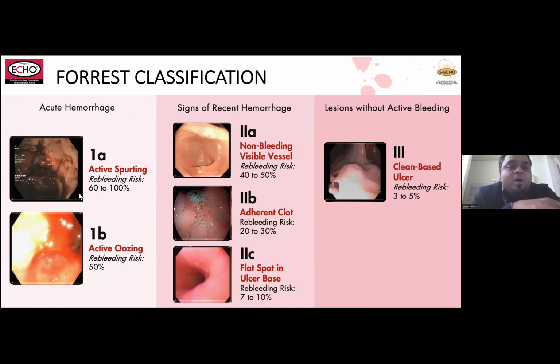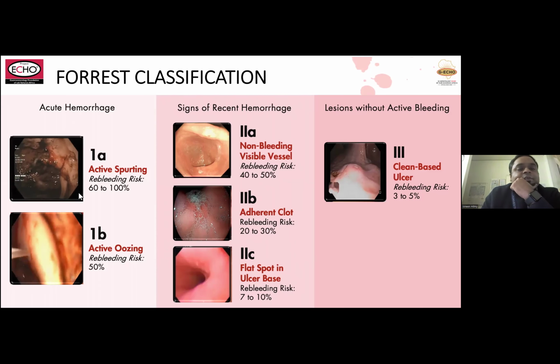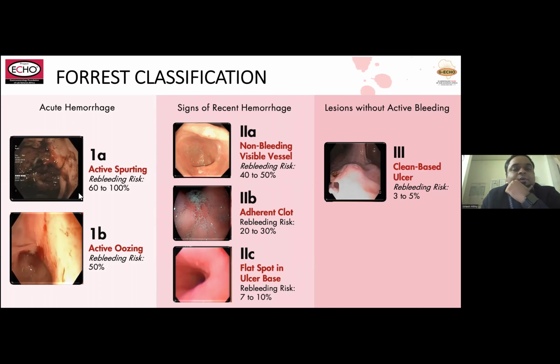It also gives us a nice rebleeding risk. Type 1A means you have active spurting, as you can see here. The rebleeding risk in these patients is 60 to 100%, so definitely one would want to do endoscopic endotherapy in these patients.